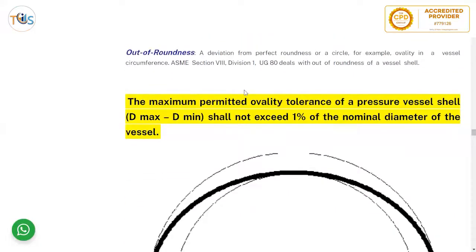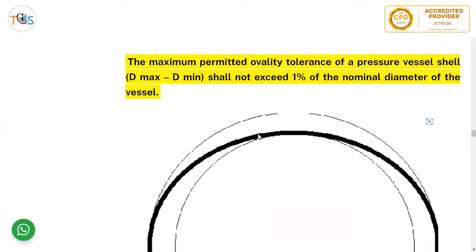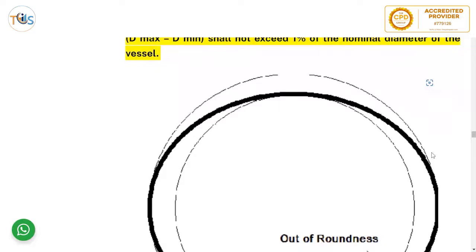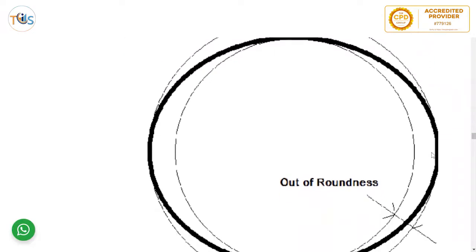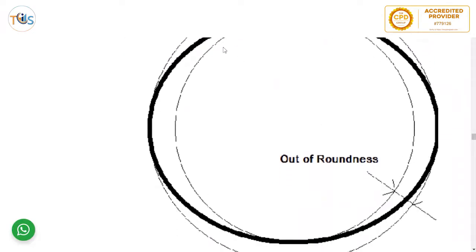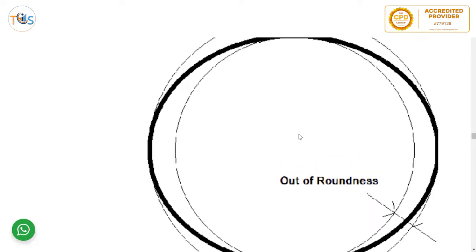Roundness is the deviation from a perfect circle, for example, ovality in a vessel circumference. ASME Section 8 Division 1 UG-80 deals with out-of-roundness of a vessel shell, and it should not exceed 1% of the nominal diameter of a pressure vessel. As you can see, you take two readings here. This is out of roundness, what it looks like.